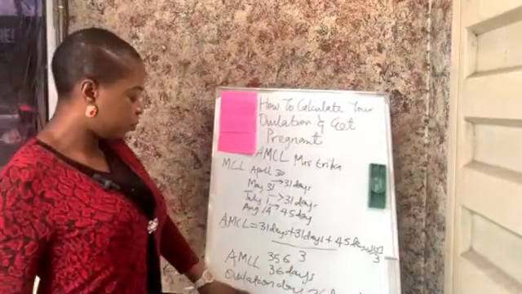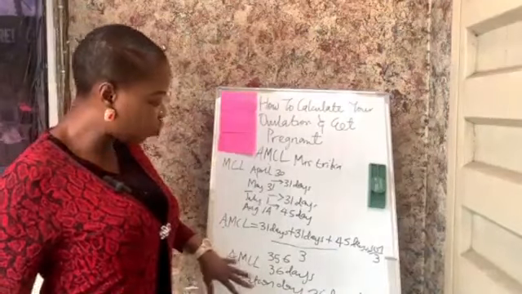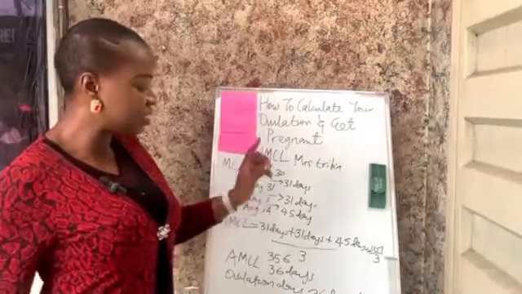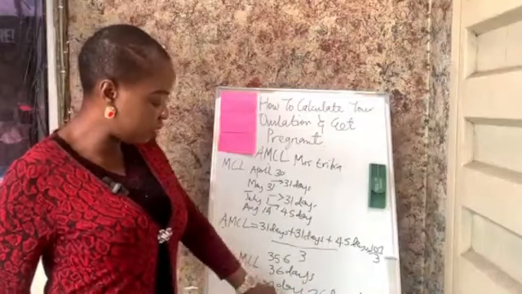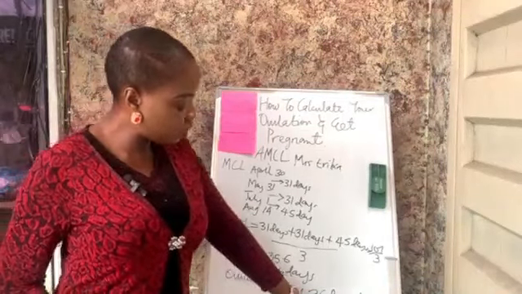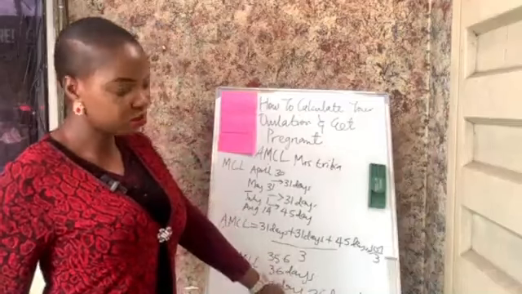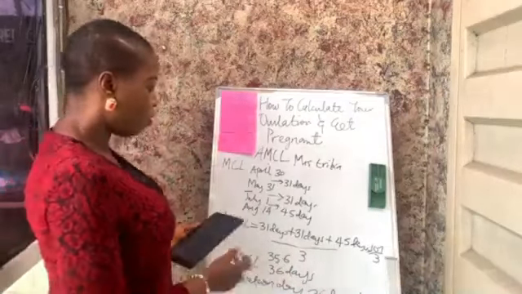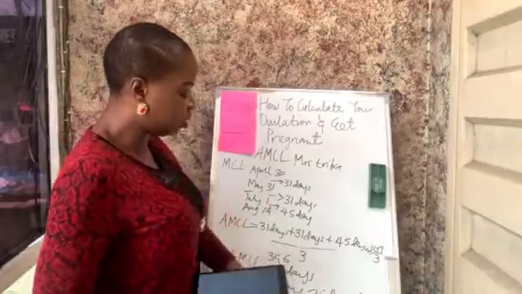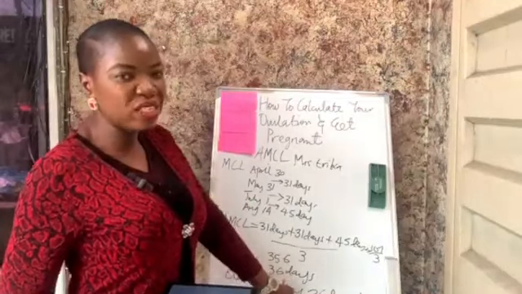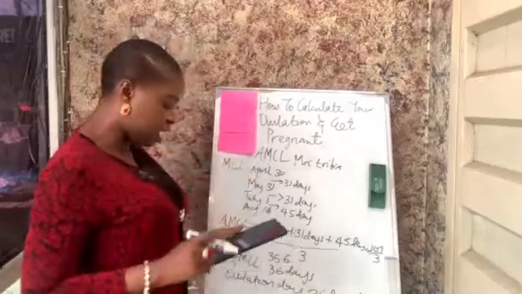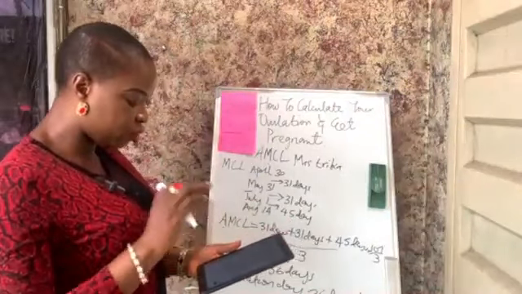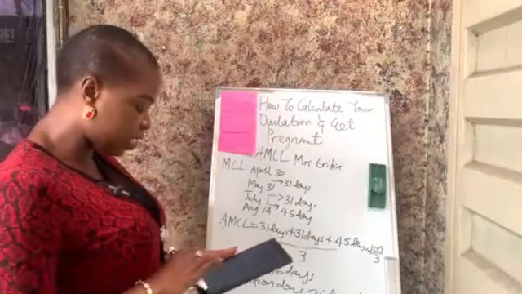So now we've calculated our ovulation day, which is 22 days into our next period. We are looking at the ovulation date, right? Let's go back to our calendar. Let's see what that day would be.